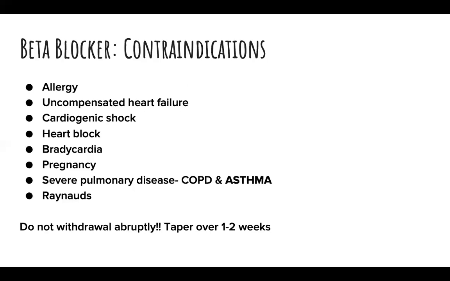If I stop that abruptly, I can get rebound, so rebound coming back, hypertension, so my blood pressure could shoot up. I can actually have a myocardial infarction due to that withdrawal. So you'd be very concerned. So if somebody is stopping a beta blocker, they need to taper, which means slowly lowering the dose over 1 to 2 weeks.